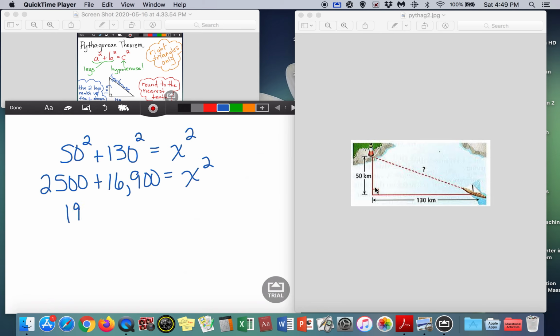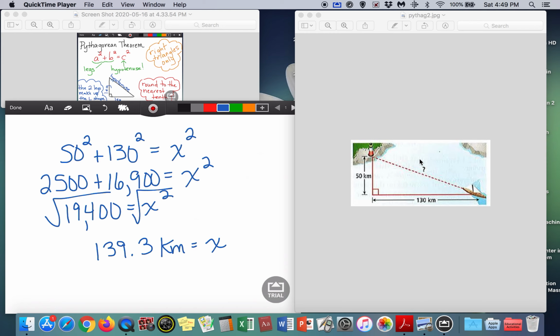So we're going to be going ahead and adding them together. All right, and then I'm going to take the square root of both sides, and that is rounding to 139.3, and then this would be kilometers. If you take a look at that story problem, this is in kilometers.